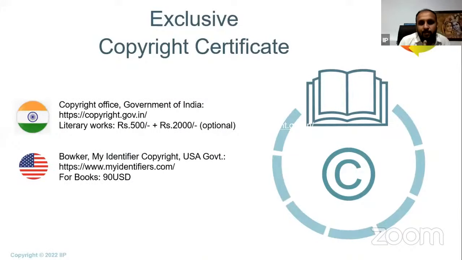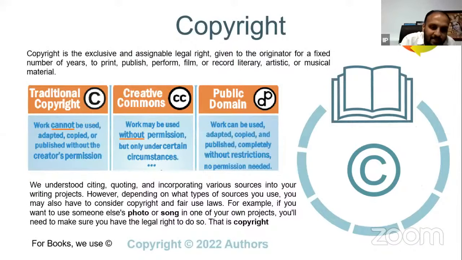As per the norms and government rules, by mentioning it in a copyright page of a book with the symbol C, as I mentioned at the bottom of every slide, that is copyright C 2022 authors. If you mention this in a book, that is more than enough to claim your ownership for the content.